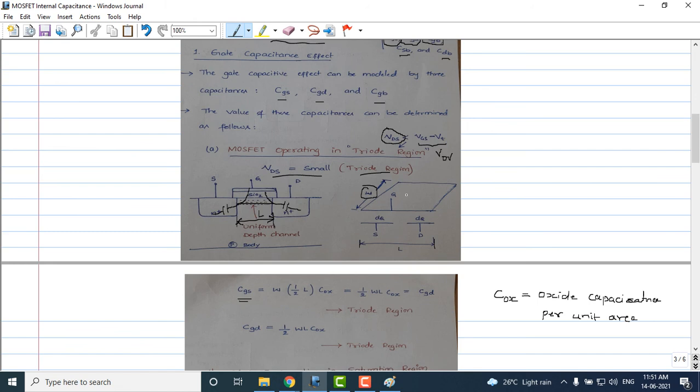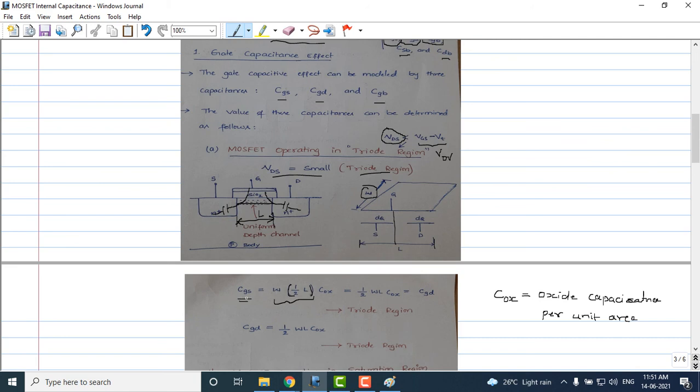Here the area is W, and the capacitance associated with the source is only half of this length. So W into half of the length, multiplied with COX, the oxide capacitance per unit area, and we are multiplying with the structure of the MOSFET, which is W into half of this length.